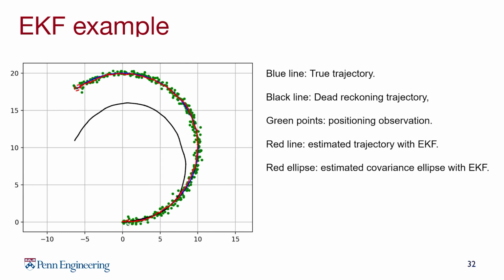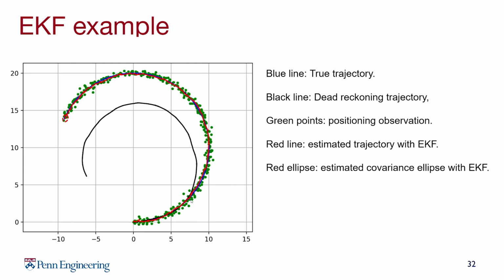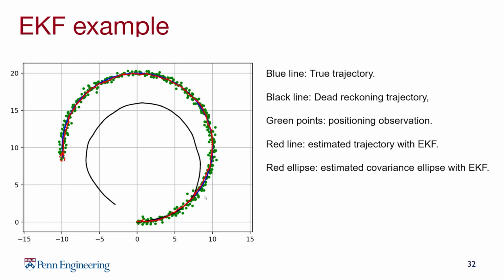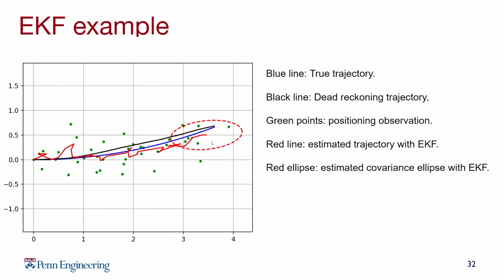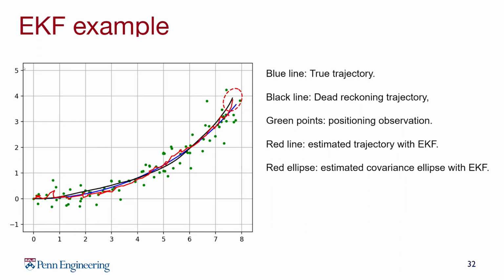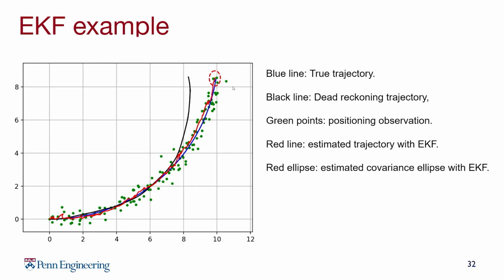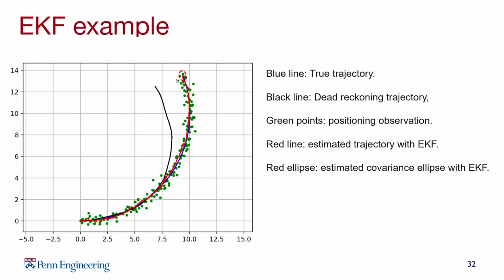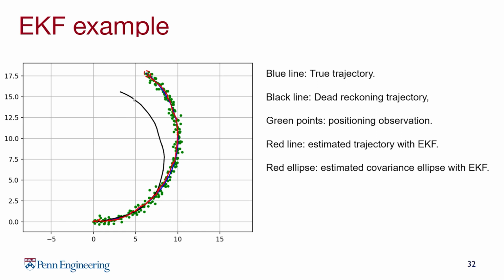Even if at the beginning the trajectory seems fine and follows the true trajectory, the blue line here, as time goes by, the extended Kalman filter will be more and more confident, and there is also a scaling with the whole animation. On a larger scale, we can see the estimation of the Kalman filter is better than the dead reckoning.